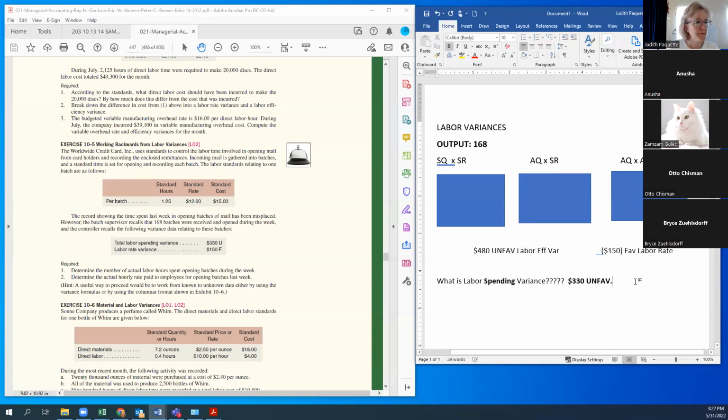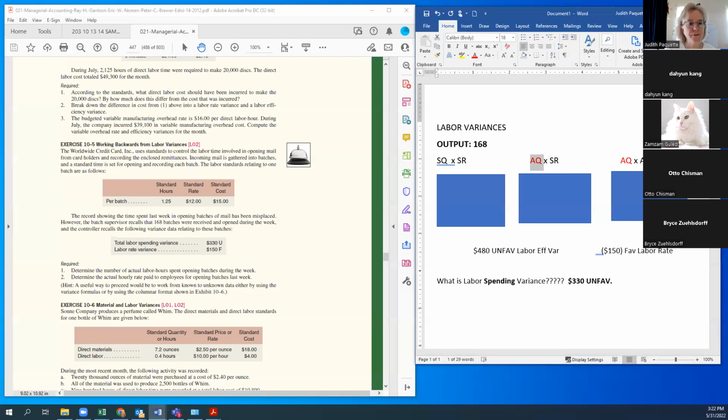The question in the problem is to determine the actual labor hours spent opening batches during the week. You know that this is the favorable labor rate variance, which is going to be the difference between these two. And we're trying to solve for the actual hours here. That's our unknown. If we know this, what's our next step?